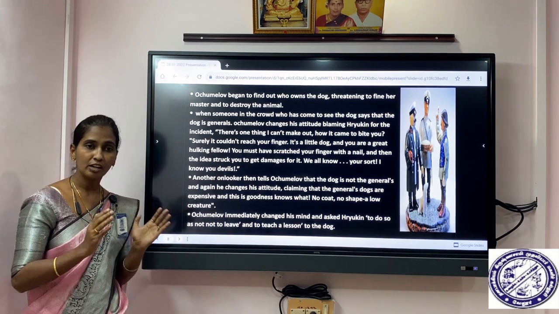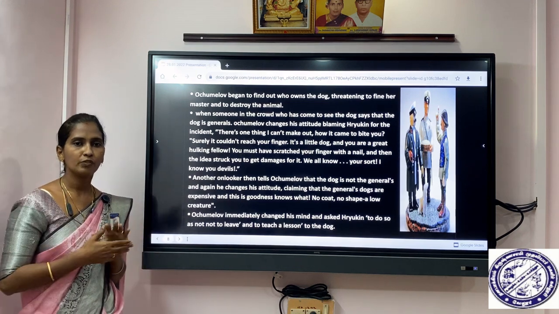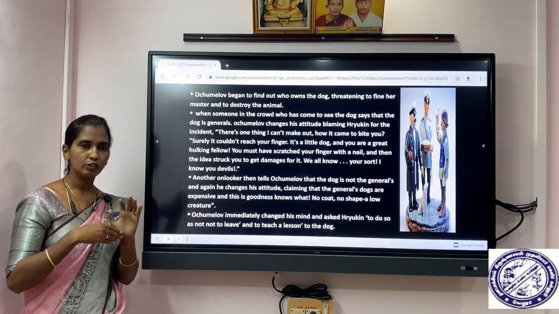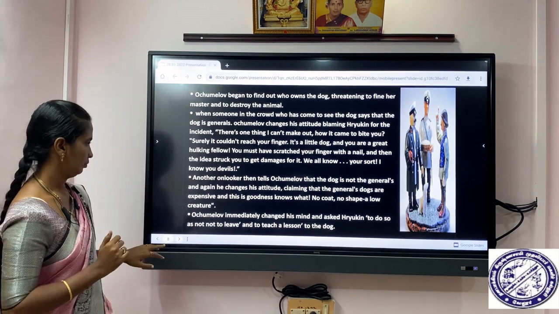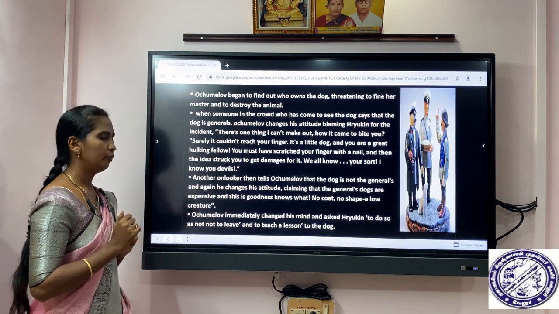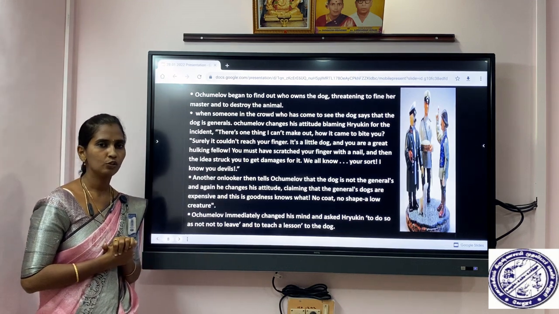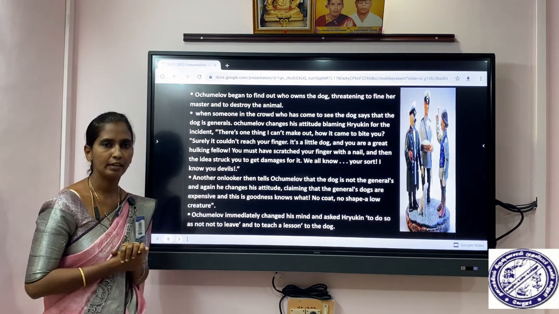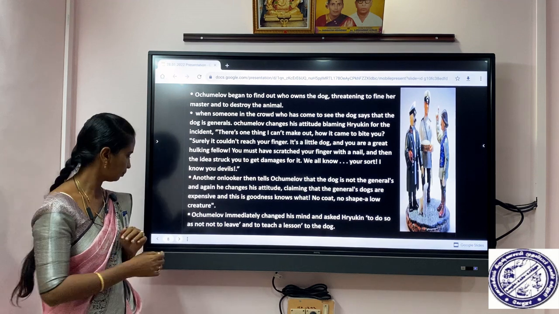So this dog cannot be a general's dog because it looks very low. His dogs are very expensive. According to the situation, he keeps changing his attitude. So when someone from the crowd said it's not the general's, he asked Rukin to go ahead and kill the dog, to do whatever he wants.